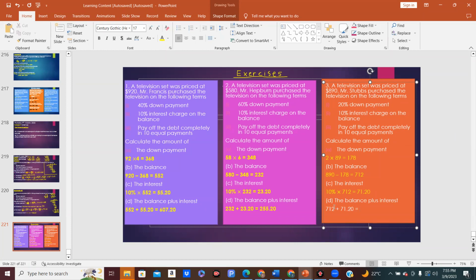Diamond, how do we get the balance plus the interest? Adding. How do we get the balance plus the interest? 712 plus 71.20. That's going to give you what?